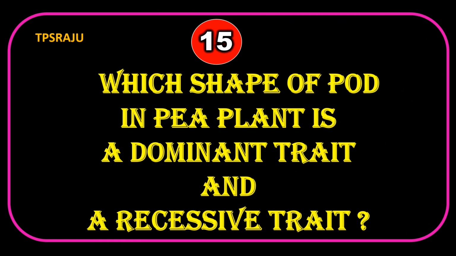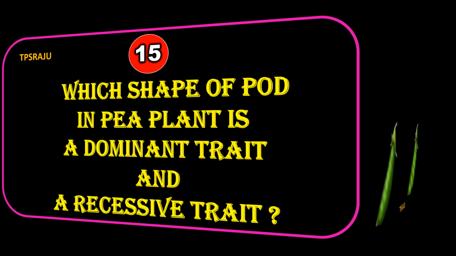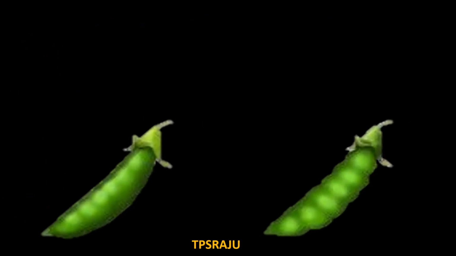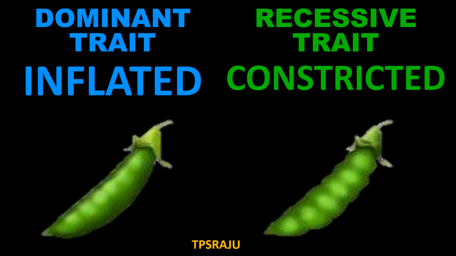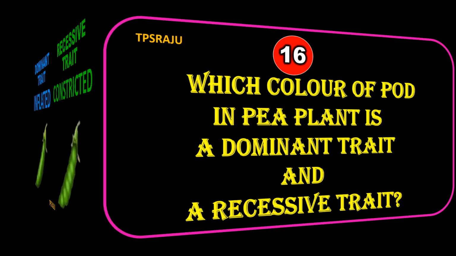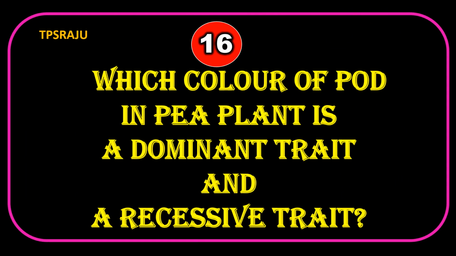Which shape of pod in pea plant is a dominant trait and a recessive trait? Dominant trait is inflated. Recessive trait is constricted. Which color of pod in pea plant is a dominant trait and a recessive trait?